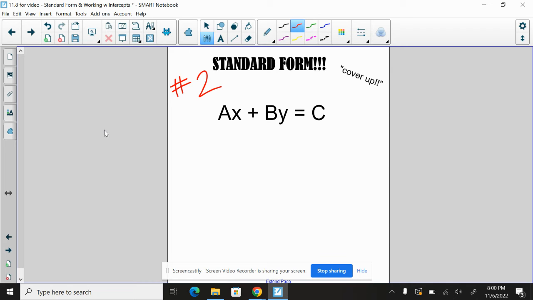And this is what we call standard form or the cover-up. So if I need to solve for my x-intercept, I cover up whatever my y is, and then I solve. And if I want to solve for my y-intercept, I cover up what my x term is, and then I solve, which is kind of cool.